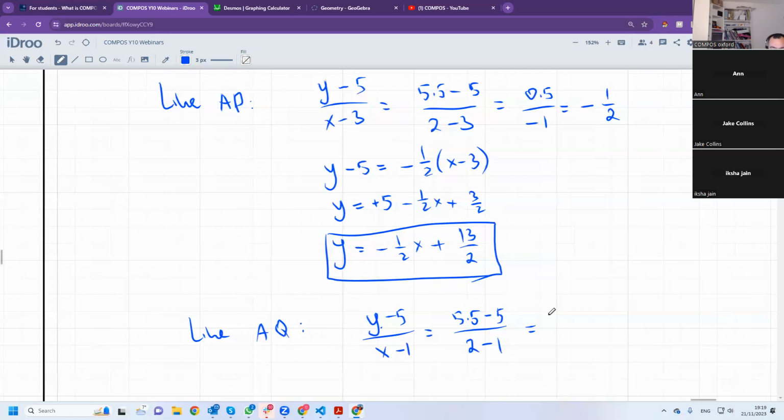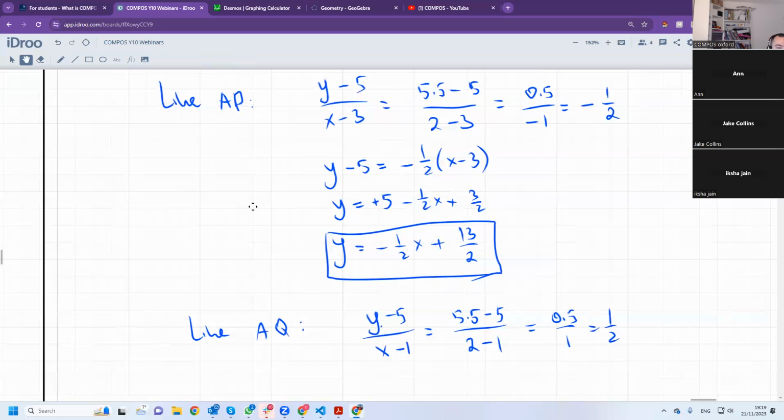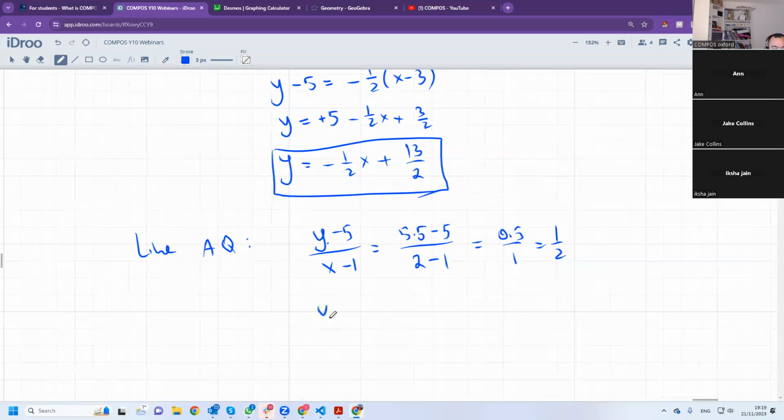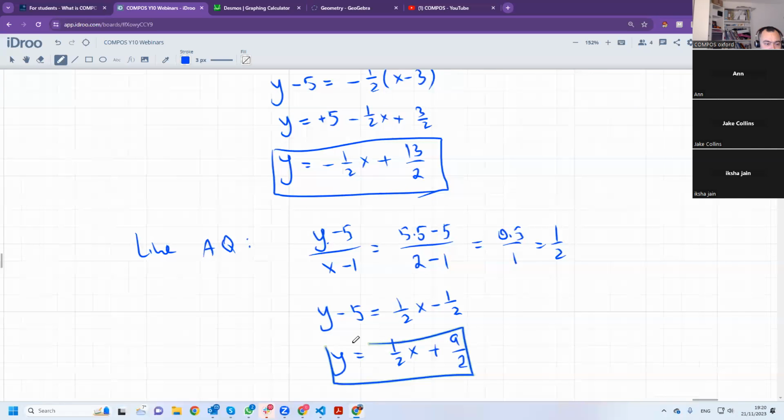And 5.5 minus 5 is 0.5. 0.5 divided by 1, which is 1/2. And y minus 5 is equal to 1/2 x minus 1/2. So y is equal to 1/2 x plus 4.5, so it's 9/2. So these are the two lines.